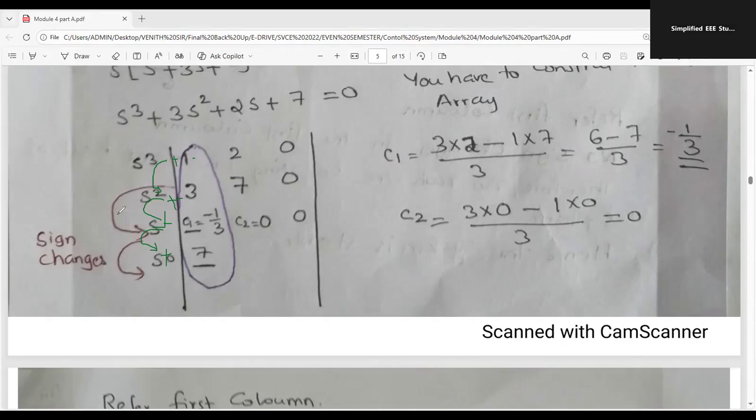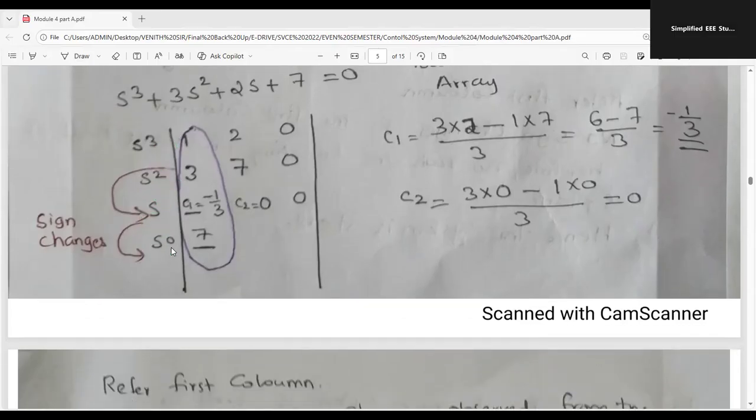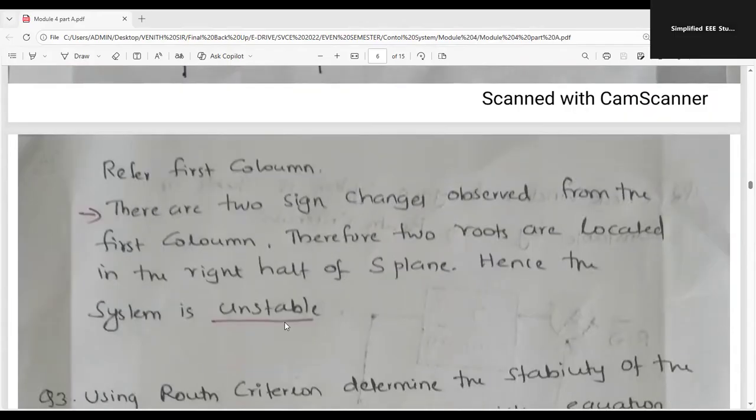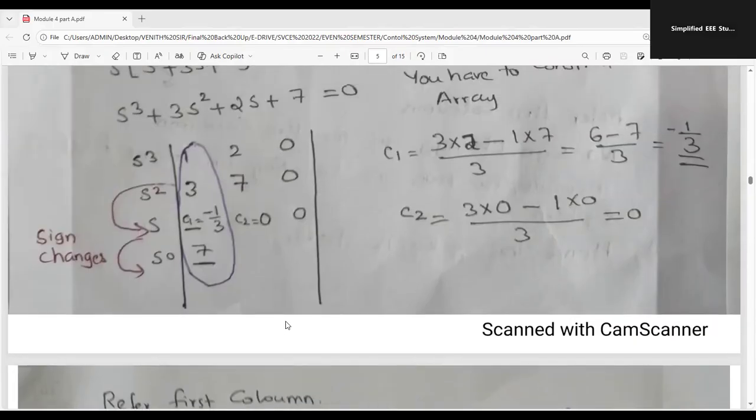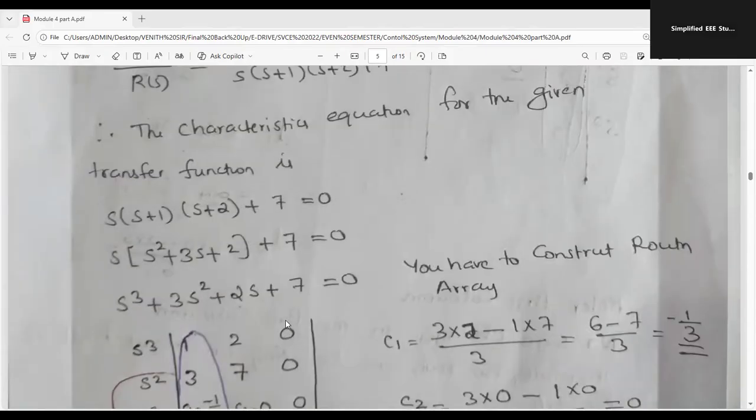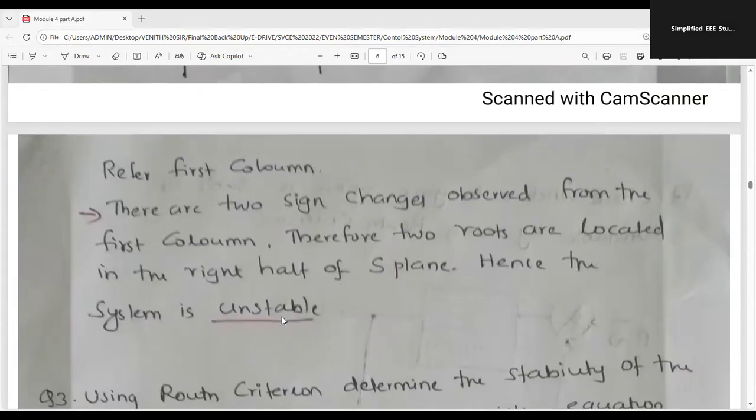Of course, the system is unstable because two sign changes are observed here. This is actually one of the notations of an unstable system. That is the summary which is obtained from the Routh array.